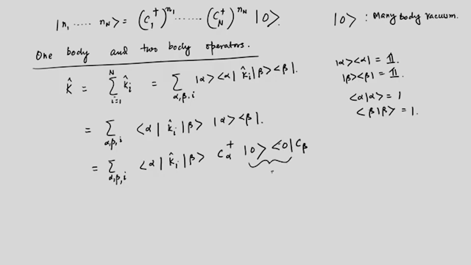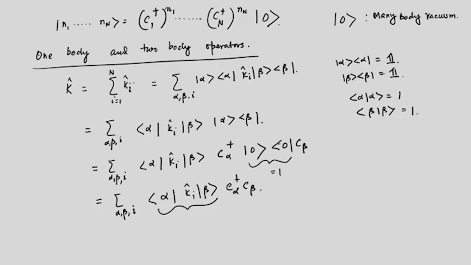And this will also become equal to 1 because 0 is as much of an element of that Hilbert space as any other. So, finally what you get is alpha beta I is like alpha k I beta and a C alpha dagger C beta, and this is a form of the one body operator. Okay. So, this is a number which is the expectation value of these k I.